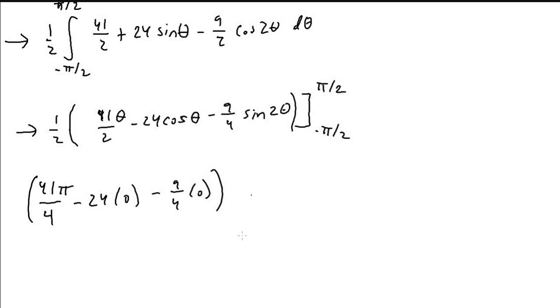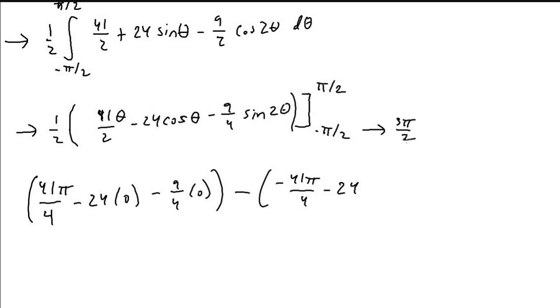minus, when I plug in negative pi over 2, so we'll get negative 41 pi over 2 divided by 2, which is negative 41 pi over 4, minus 24 times cosine of negative pi over 2. And remember, negative pi over 2 is the same thing as 3 pi over 2.